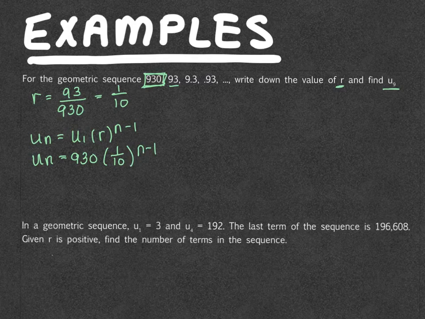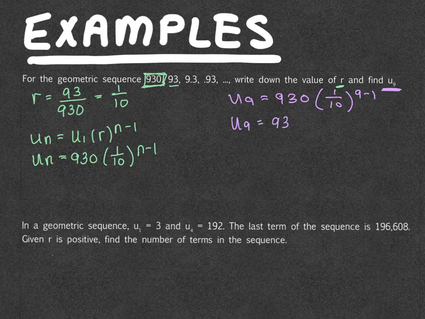From here, if we want to find a specific term, in this case u sub 9, we're just plugging in 9 for n. So u sub 9 would equal 930 times 1 over 10 to the 9 minus 1, which is the same thing as 1 over 10 to the 8th.